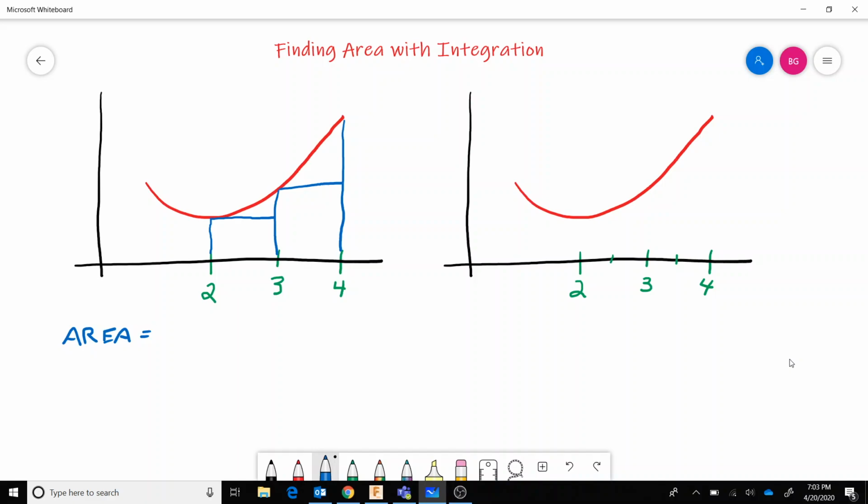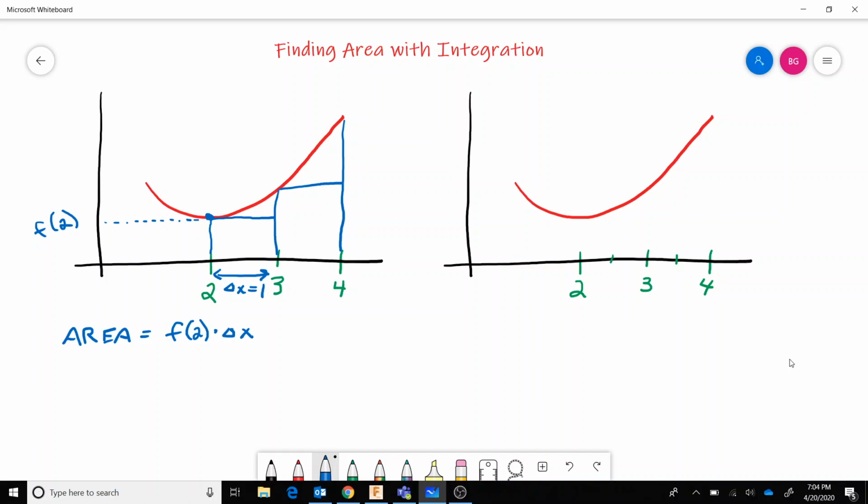that first box, whatever the height, the height of that first box would actually be whatever the function is when x is 2. So the area of that first box would be f of 2 times, I'm just going to call it delta x. That's what this distance is right here. And in this case, my delta x is just 1.